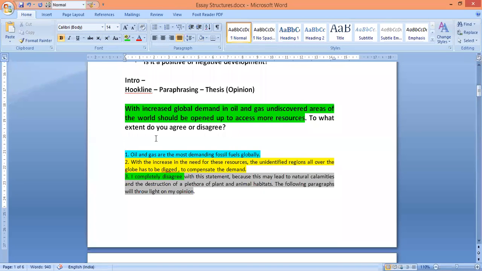You can ask me those questions later, after the session someday. In this session, I'll talk about the structure. Most of the students in this session know what is hook line, paraphrasing, and thesis statement. So now I'll tell what will be their position.